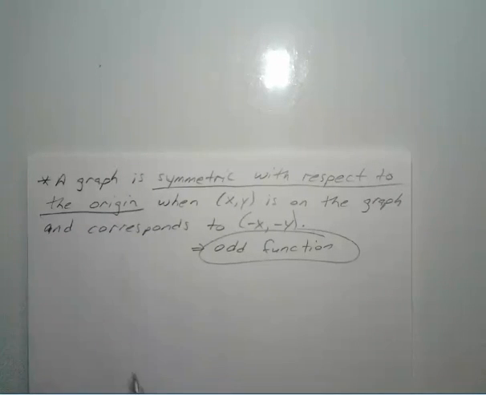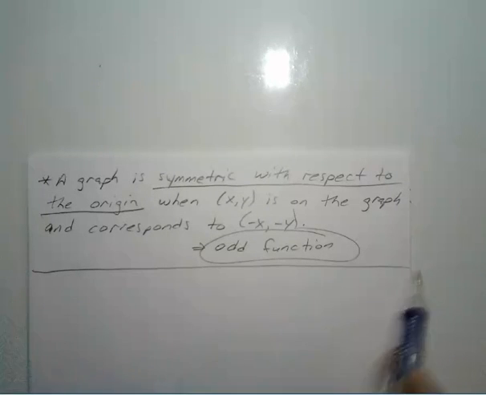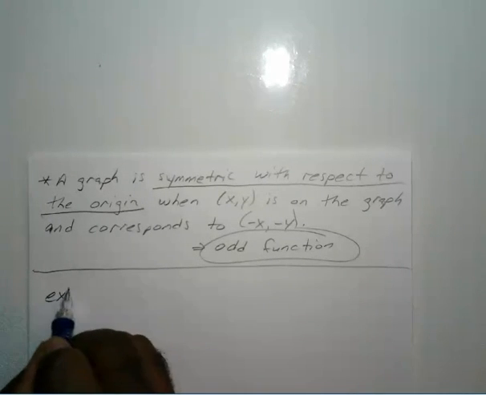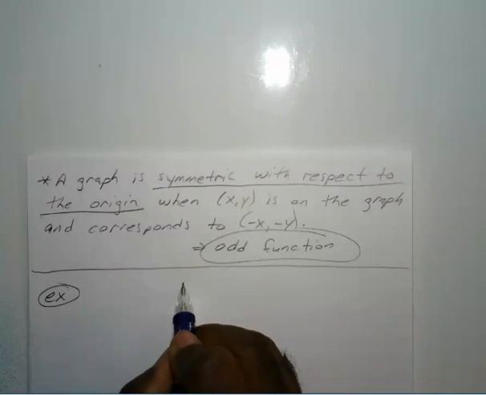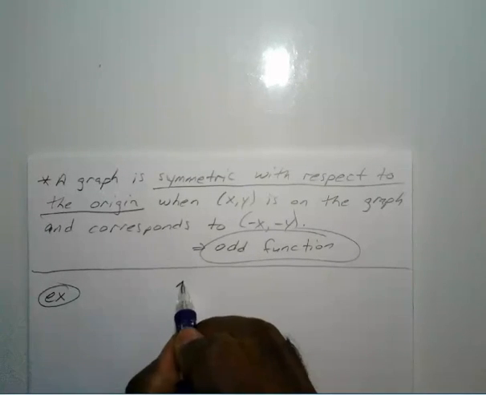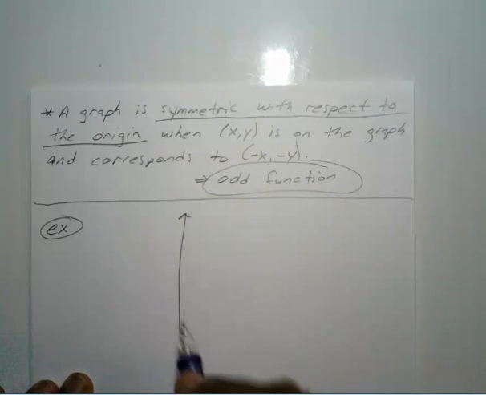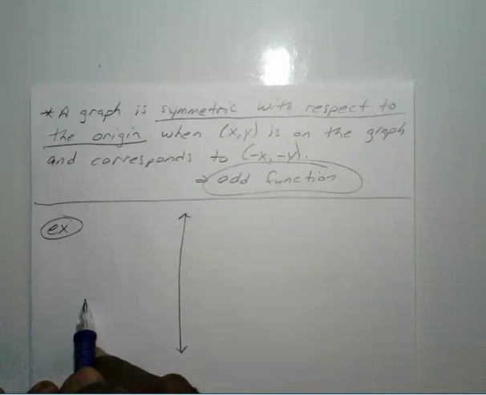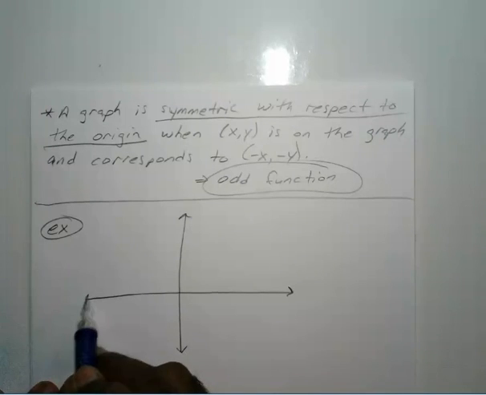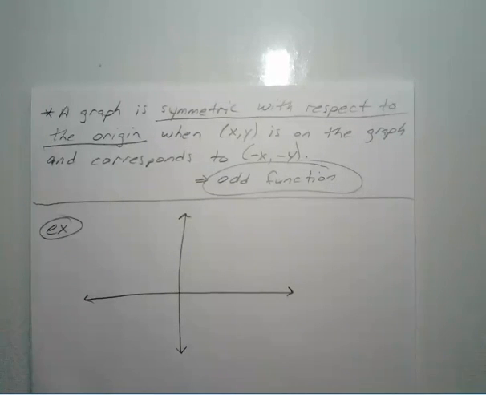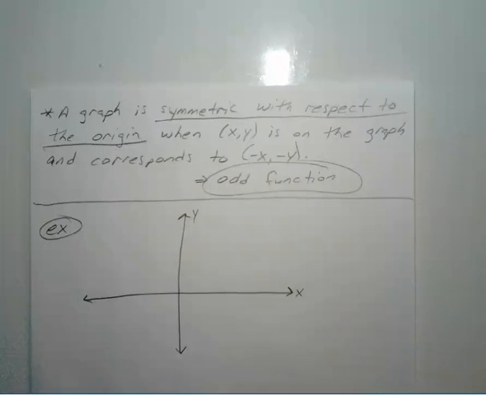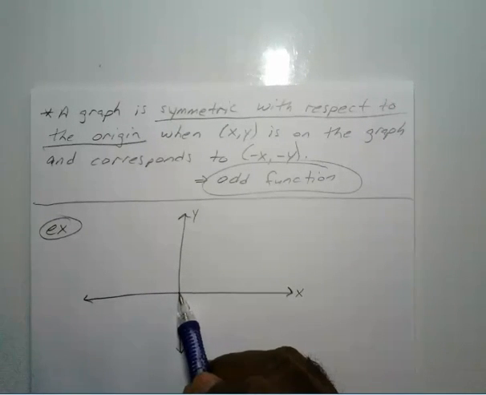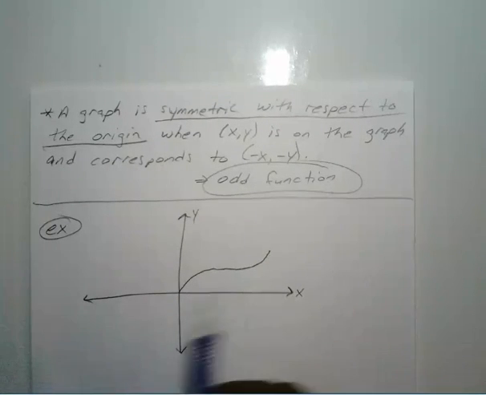Okay, now with respect to the origin, let me give you an idea of how that would look. So what if we have our xy axis? Let's move that up a little bit. All right, so if we have our x, and we have our y. Let's say we have a graph that looks like this.